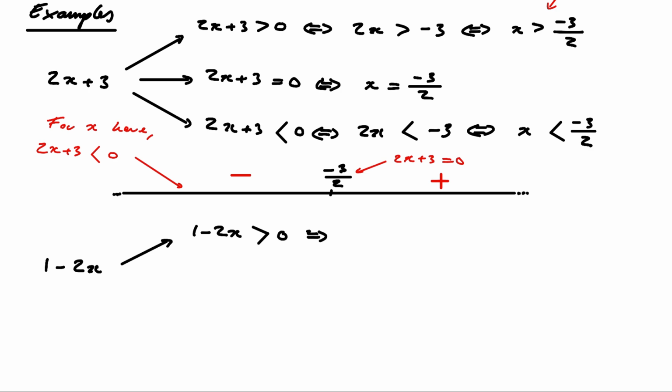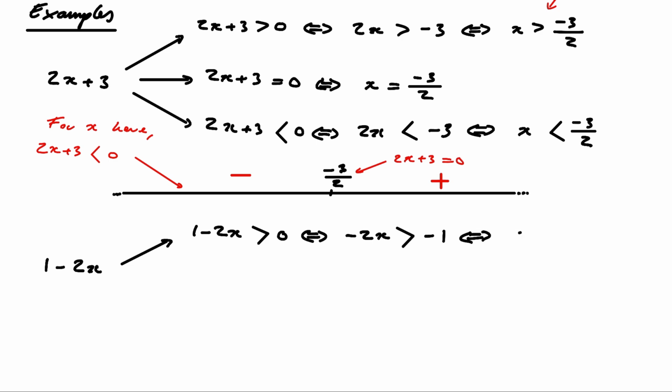This is if and only if, let's take away 1 from both sides, so minus 2x is greater than minus 1. Remember, adding and taking away doesn't change the inequality direction. But now, in order to get x on its own, I'm going to have to divide through by minus 2. That's the same as multiplying by minus a half, and multiplying by a negative reverses the inequality.